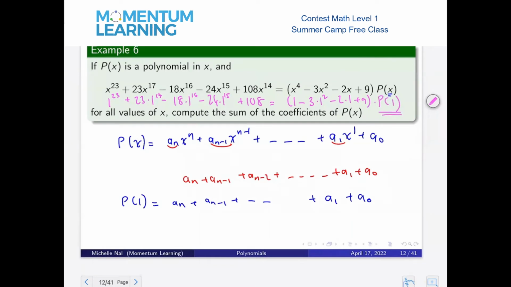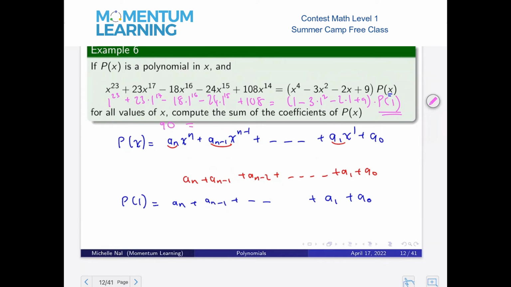And this is what I want, right? So the left-hand side is going to be 1 plus 23 is 24, minus 18 is 6, 6 minus 24 is negative 18, plus 108, I believe this is 90.